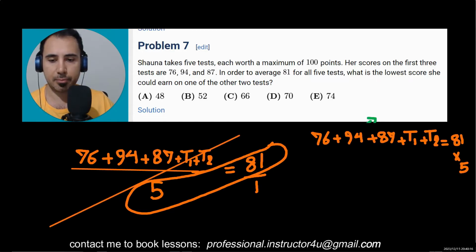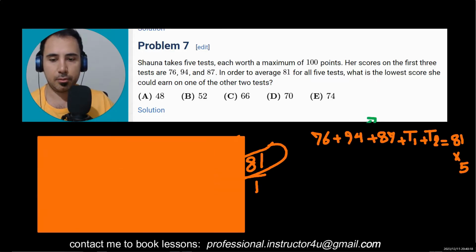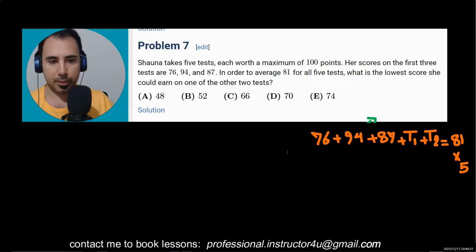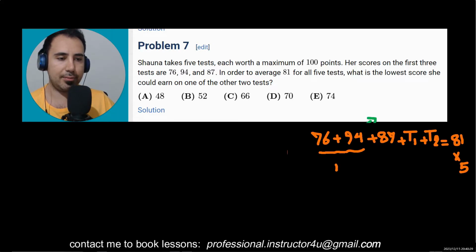Now let's simplify a little. Let's add these numbers now. This is 170, right? Plus 87, 257.